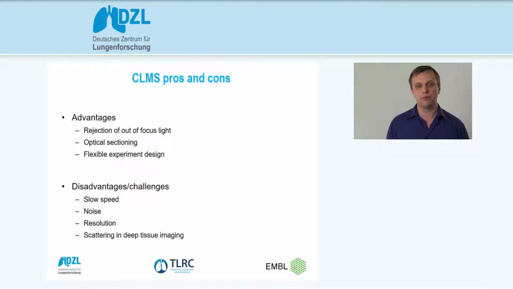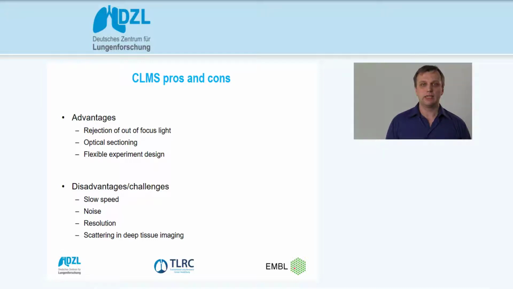The only improvement we get is in the axial direction. Last but not least, when we try to image deep tissues or other deep specimens, we will also end up with the problem of light scattering.